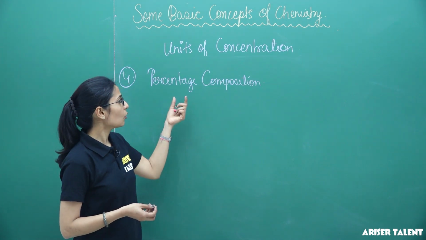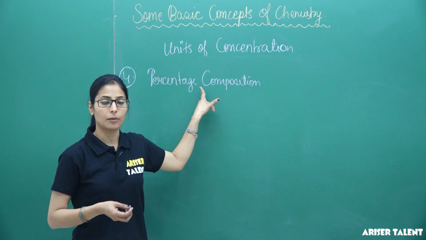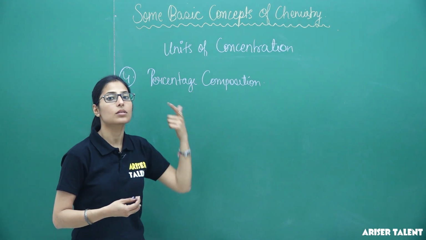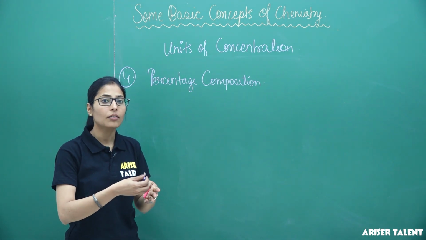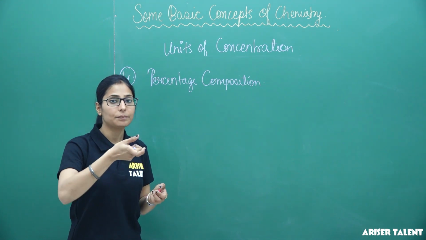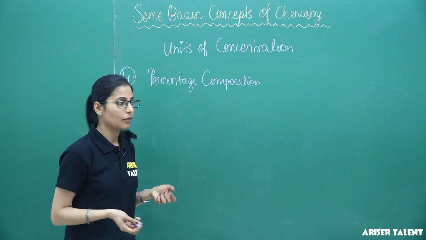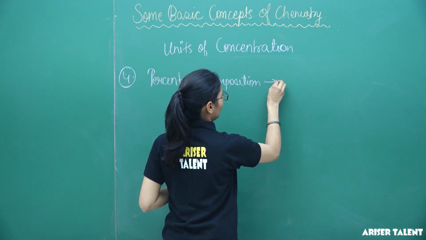But the difference there and here is that here we are talking about percentage composition, so we have to give our value under 100. Okay. Let me give you a better explanation of this.